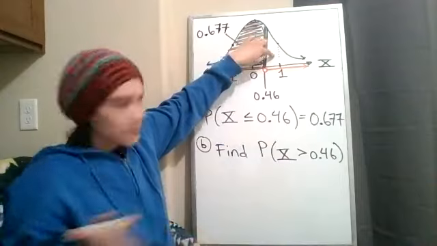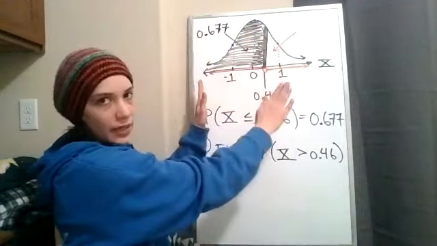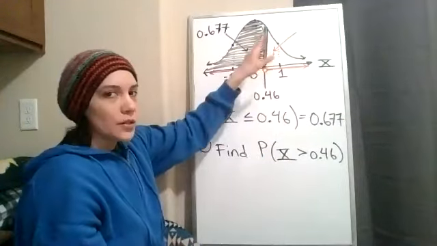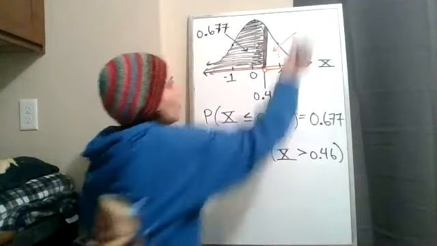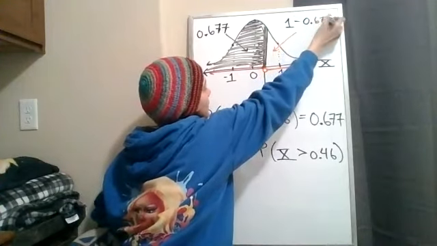What we're going to do is take the full area and subtract this area, which leaves the leftover space. So find 1 minus 0.677.